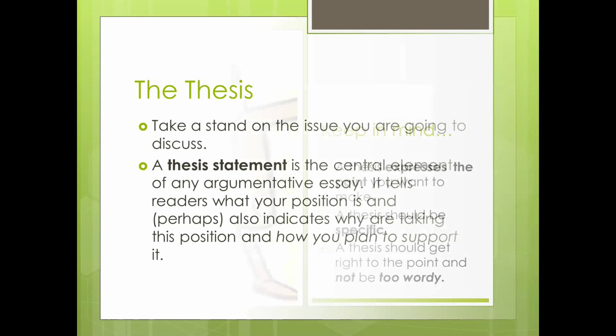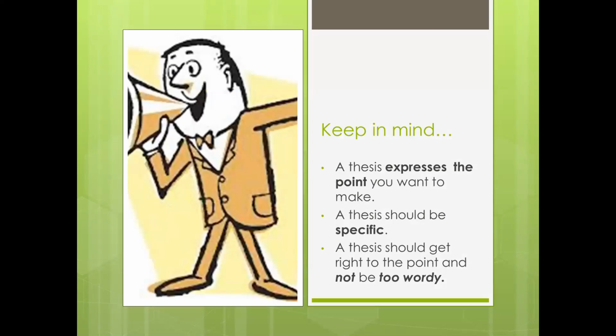A thesis statement should express the point that you want to make in ways that are both specific and not necessarily overly wordy. Compare these two examples from your text for a minute. Okay. Colleges need to get students involved in environmental issues.